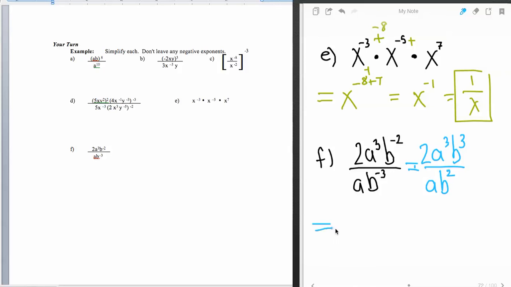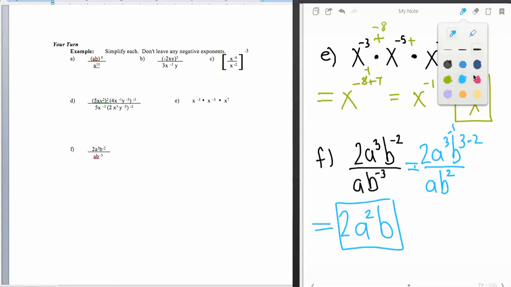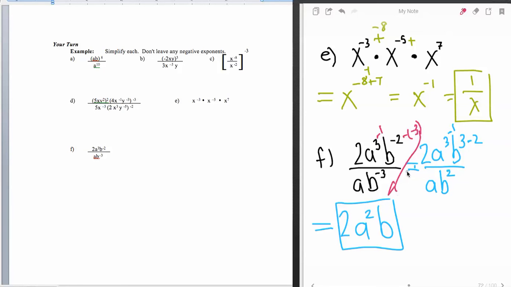And now from there, we can see quotient rule, 3 minus 1 and 3 minus 2, and that gives us 2a squared b to the first power. So that's one way to look at it. And then another way of looking at it is just simply to do 3 minus 1 here, and then minus 2 minus a minus 3 here, and we'll see that we still get the same answer.